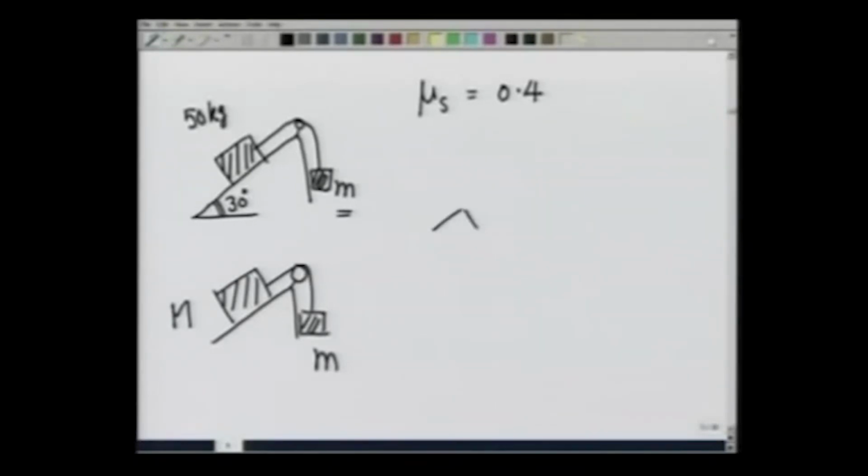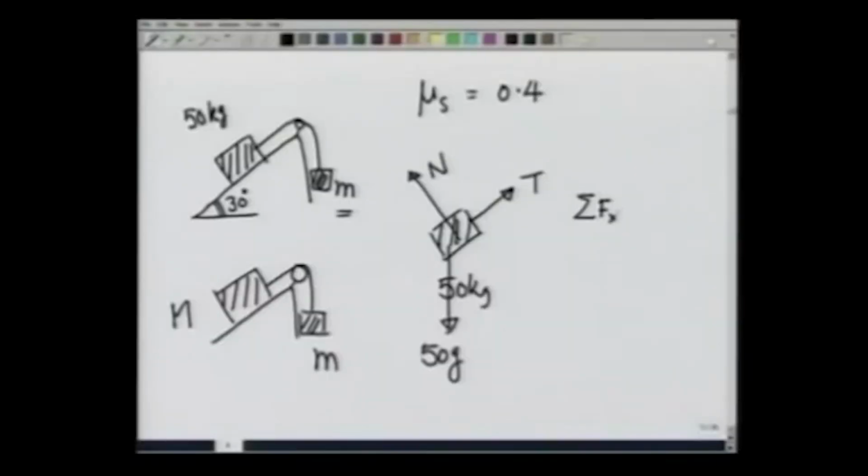If I make a free body diagram of the 50 kg mass, it would have tension T pulling it up, force 50 g pulling it down, and a normal reaction from the surface. If it is not to move, then all the forces, summation Fx and summation Fy, should satisfy these two equations.